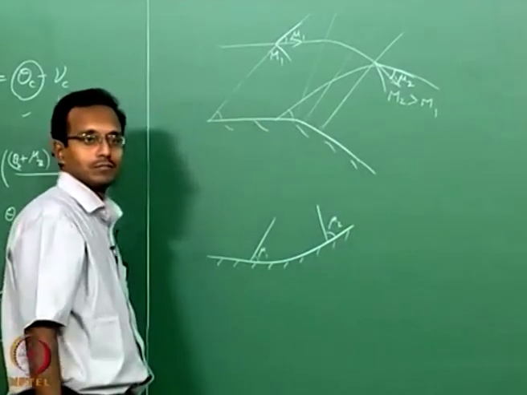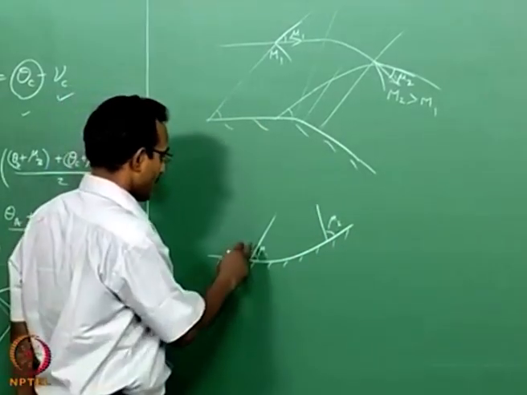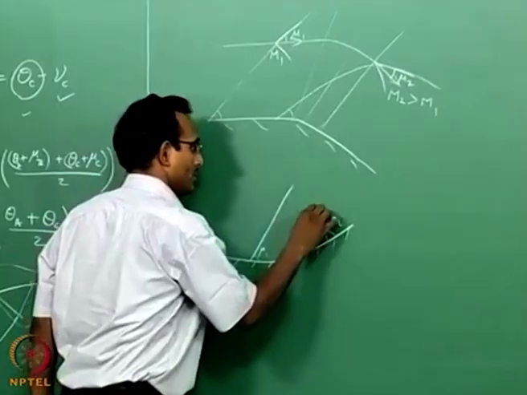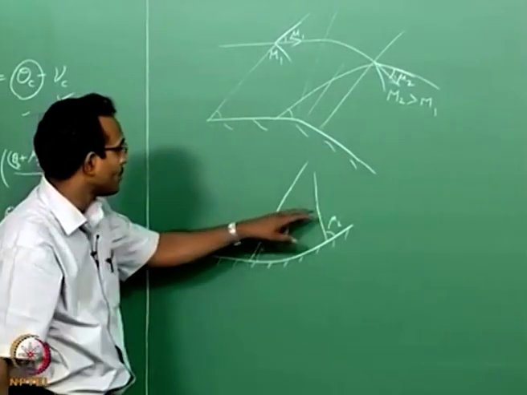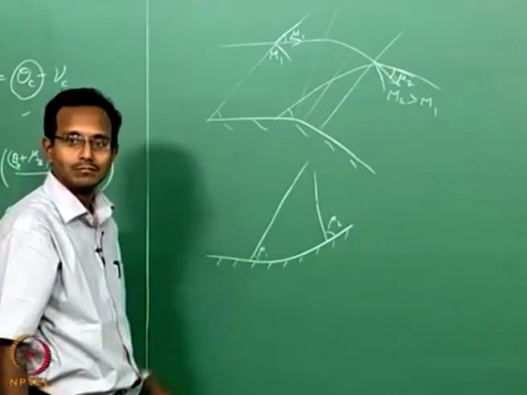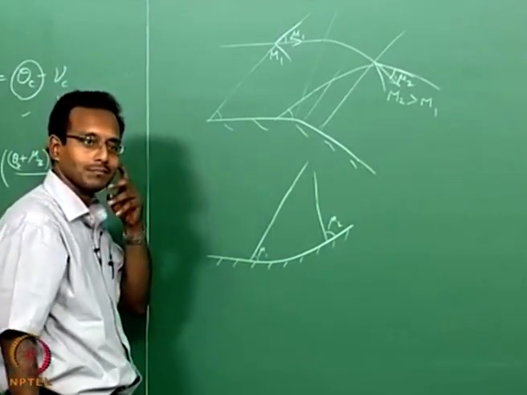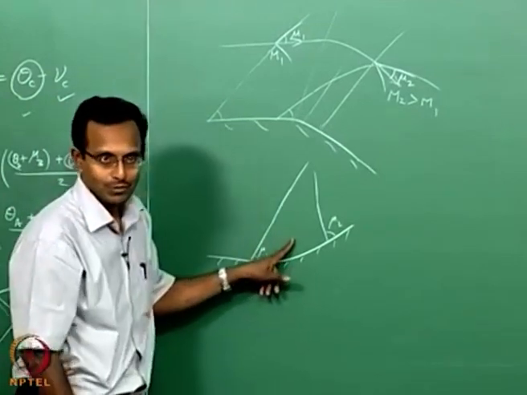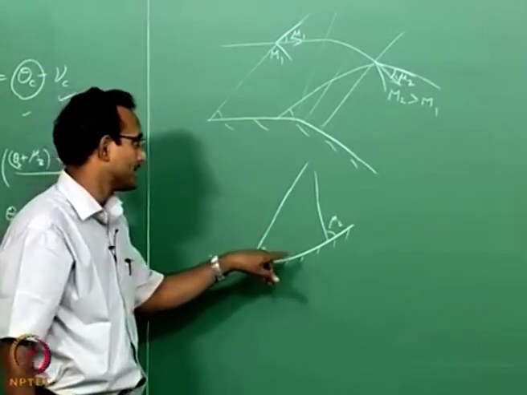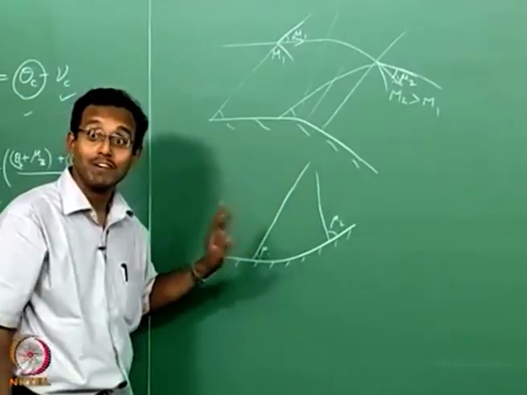Now, what will happen, these two, they are both left running characteristics. If you look at it far away, they want to meet each other, that is what we will end up with. Okay. In case of compression happening in the flow, the characteristics will want to converge, the same family characteristics.